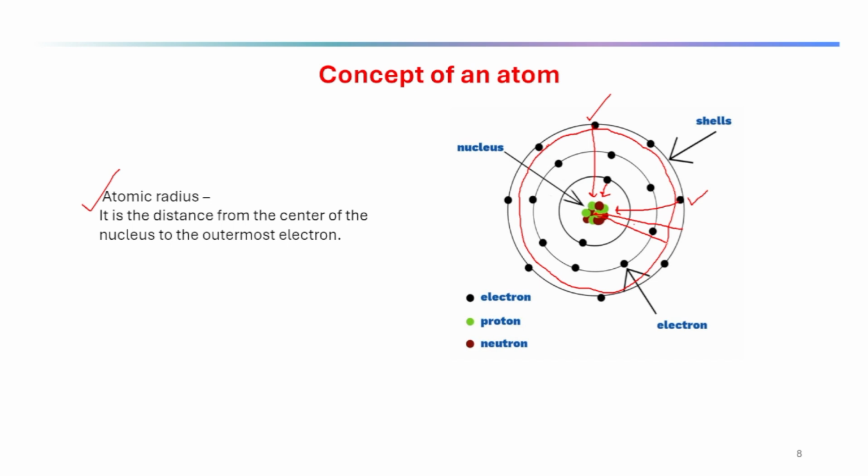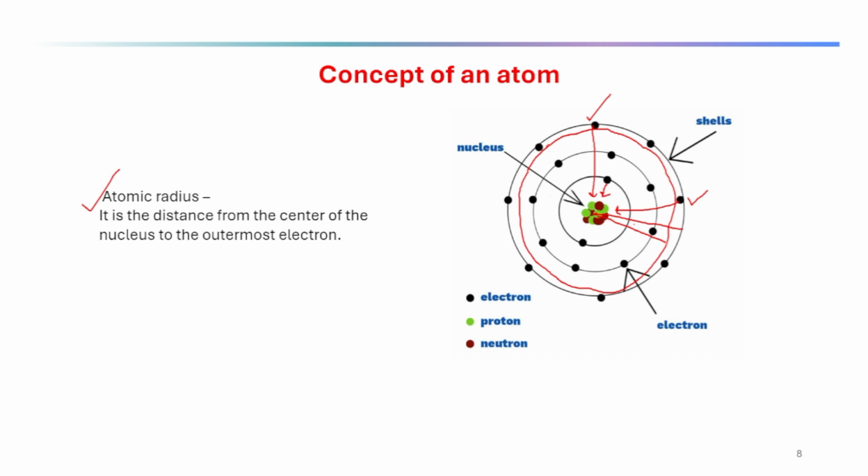So if you increase the number of protons, the electrostatic attraction increases. So the outermost shells may contract, they may shrink, and the atomic radius can also decrease. So this is the way the atomic radius decreases.